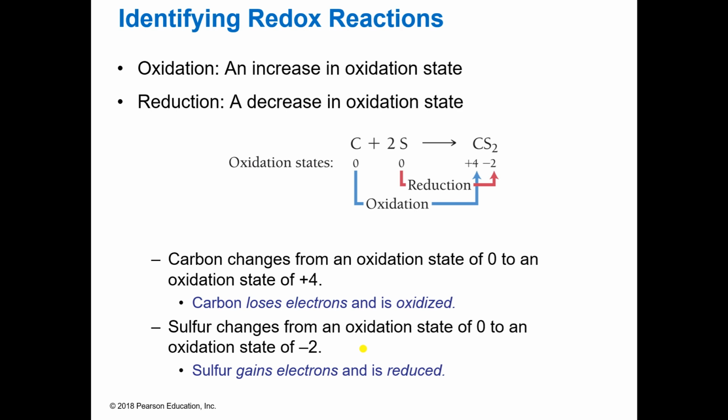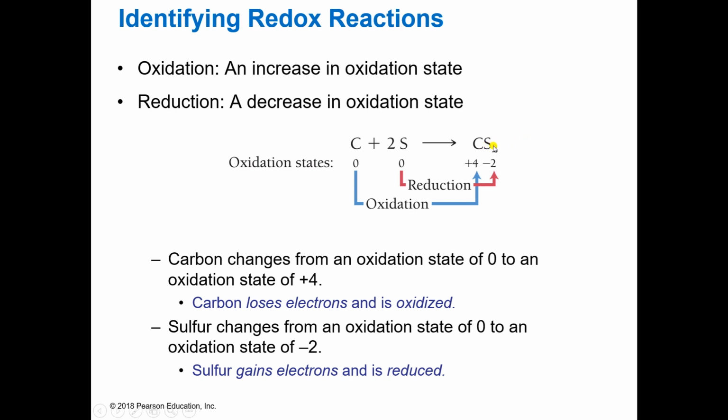So if I look at the example here, carbon all by itself in its solid, non-charged, free state has an oxidation number of 0. But on the product side, we know that sulfur is 2-. We know that because it is in the -2 column, so it'll take on the oxidation number equal to its charge.